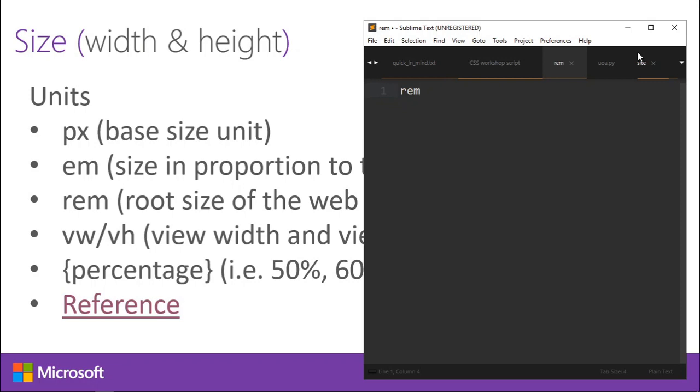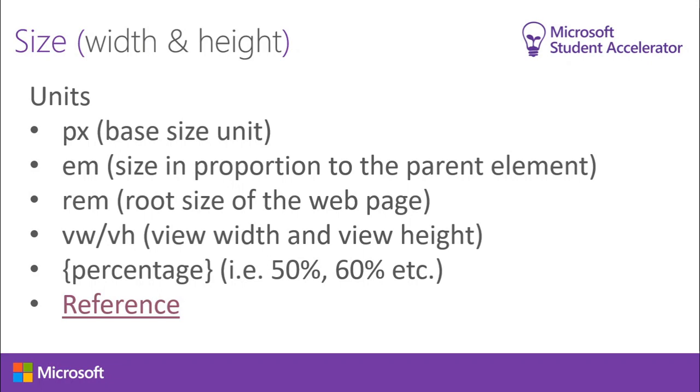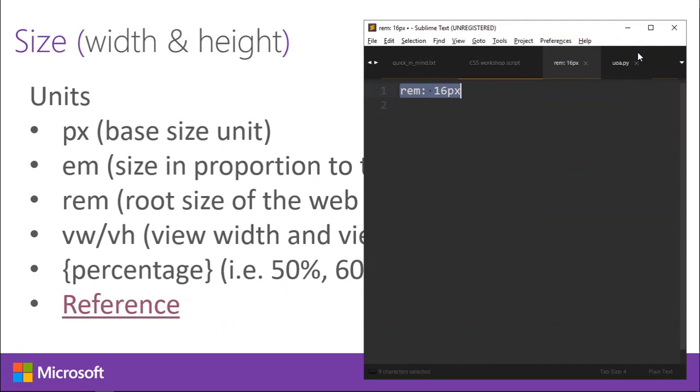That varies from browser to browser, but in general, the REM will be set to 16 pixels. And we also have view width and view height, and we can use a percentage to calculate the width and the height. So let me give you an example.